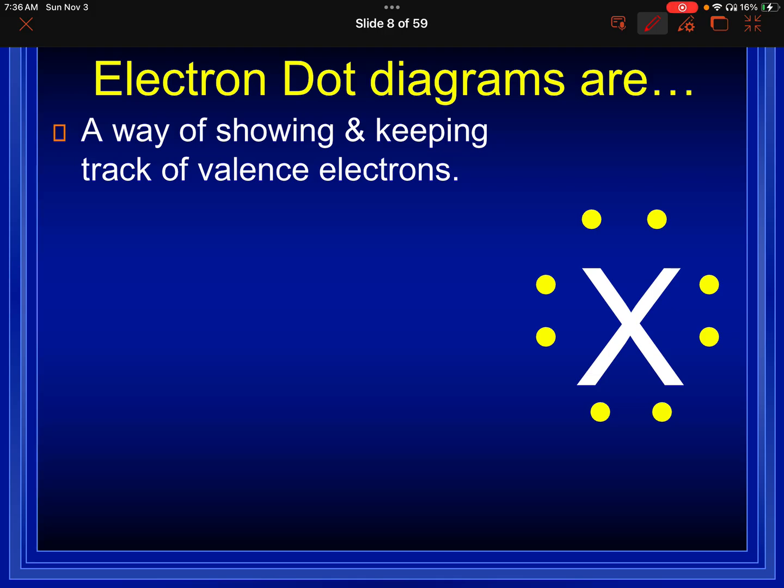Let's do a quick reminder on electron dot configurations. Now they're going to teach it a little differently than I teach it. So we do 1, 2, 3, 4, 5, 6, 7, 8, where 1 and 2 represent s and the rest represent p electrons.